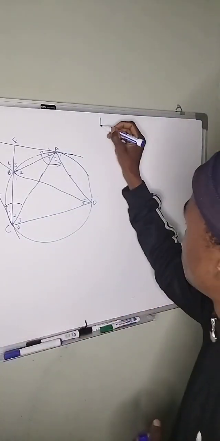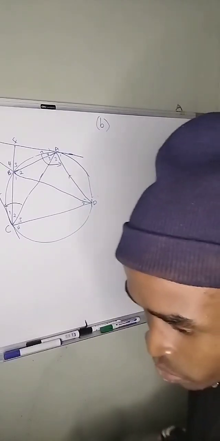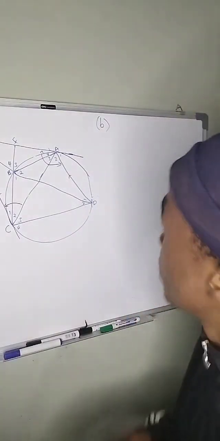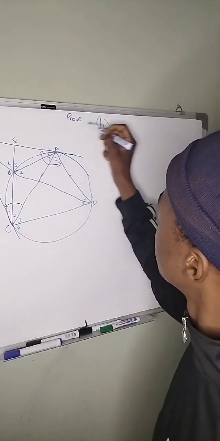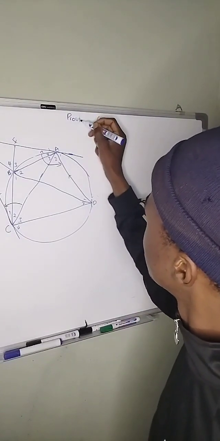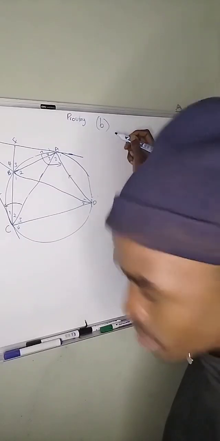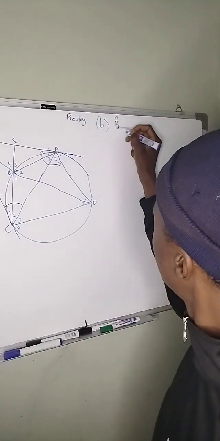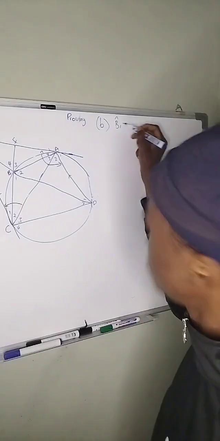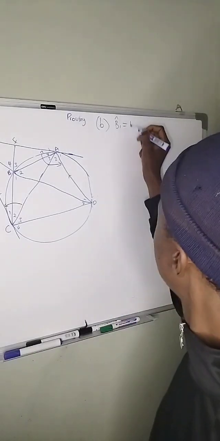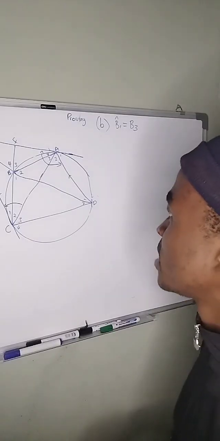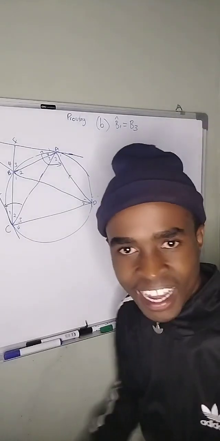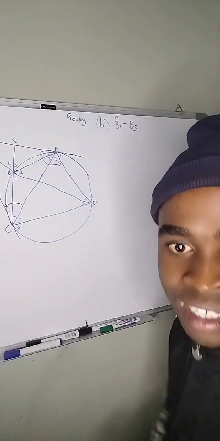Yes, so the next question is going to be number B. It says we have to prove that angle B1 is going to be equal to angle B3. Yeah, this one is going to be the hot one.